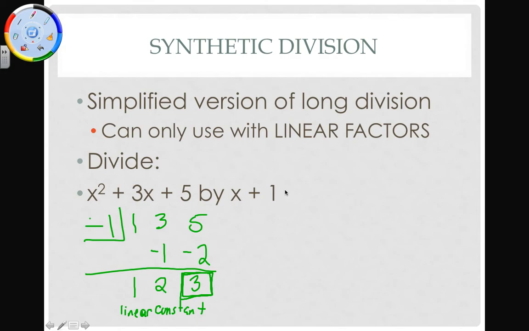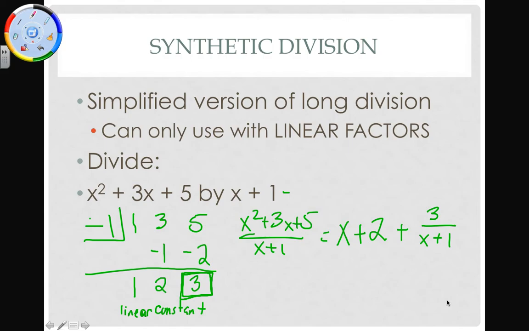This means when I do this division, I can say x squared plus 3x plus 5 divided by x plus 1 is equal to x, because this is the linear term, so I get 1x, plus 2 as my constant term, plus a remainder of 3 out of x plus 1. And notice how much faster that was.